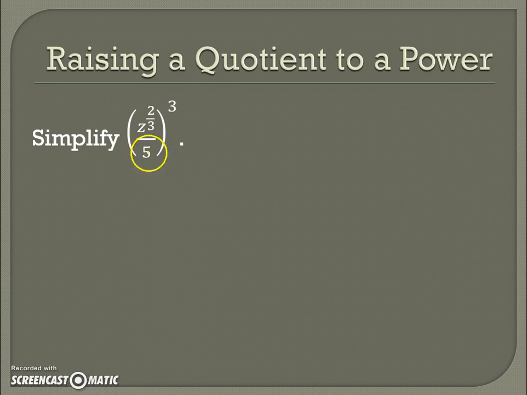So it says simplify. So this is going to be z to the 2/3, all times 3 over 5 to the 3rd. So both of these things go to the 3rd. 2/3 times 3 is just 2, so I'm left with z squared. 5 cubed is 125.